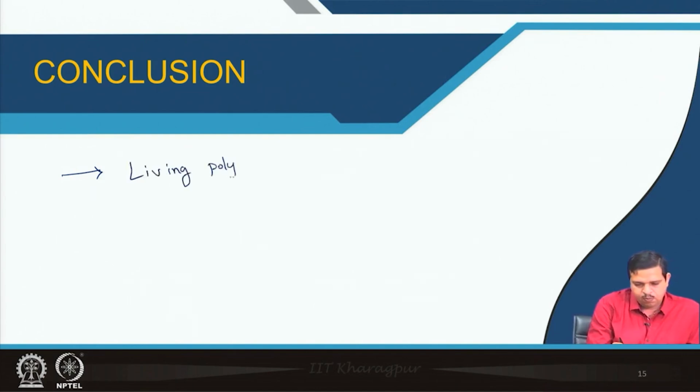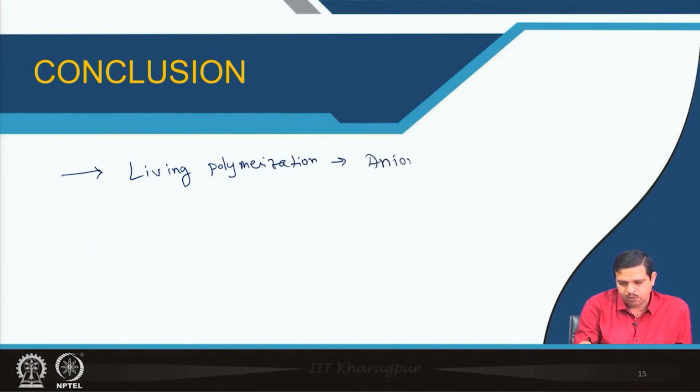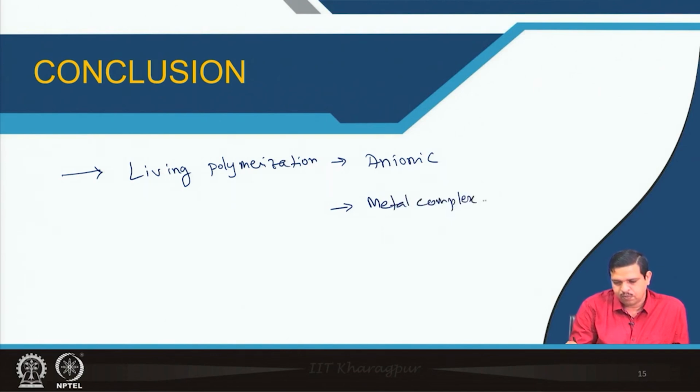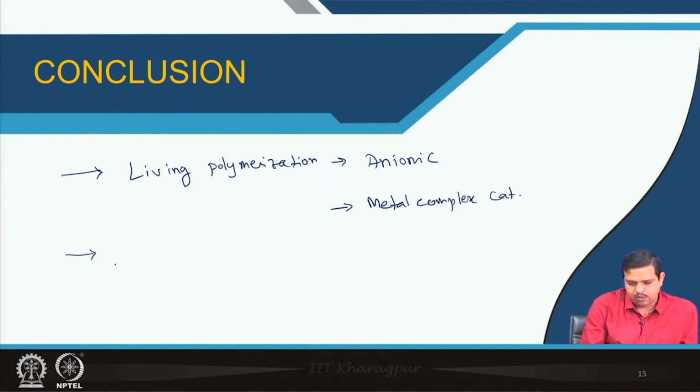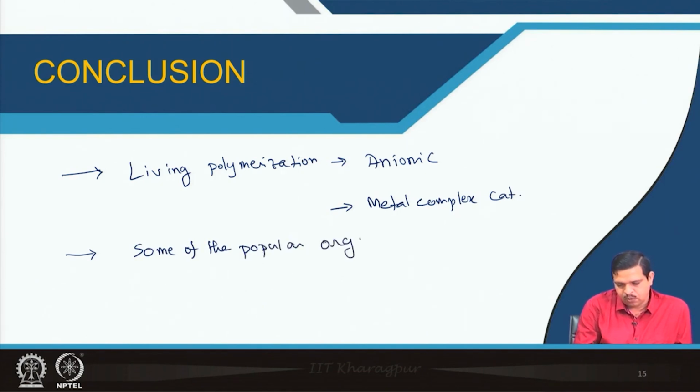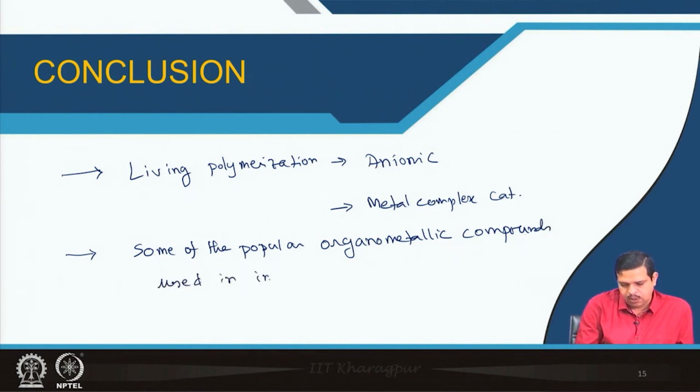In this class we have tried to understand living polymerization by anionic and by metal complex catalyzed routes, and some of the popular organometallic compounds used in industries, which will definitely motivate you in this course.